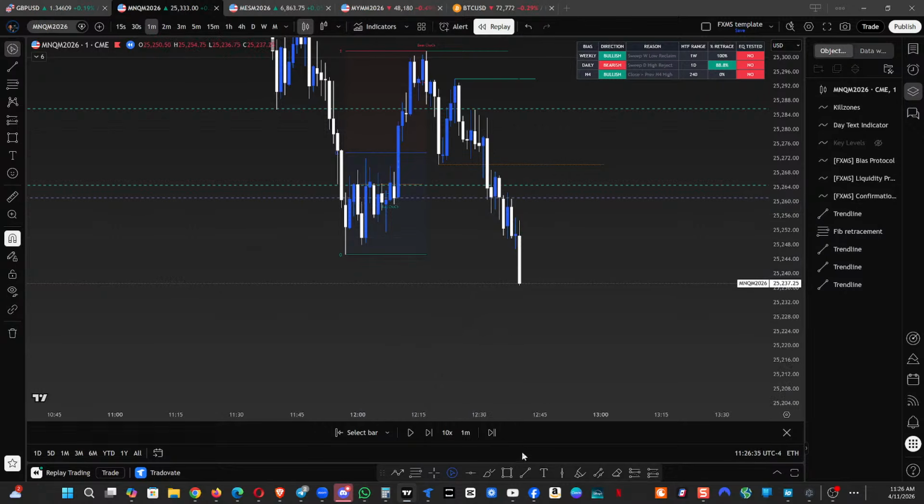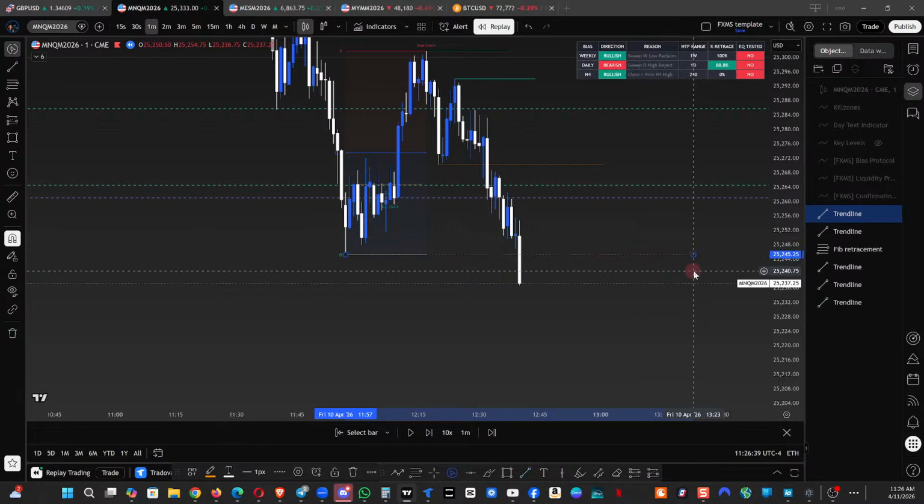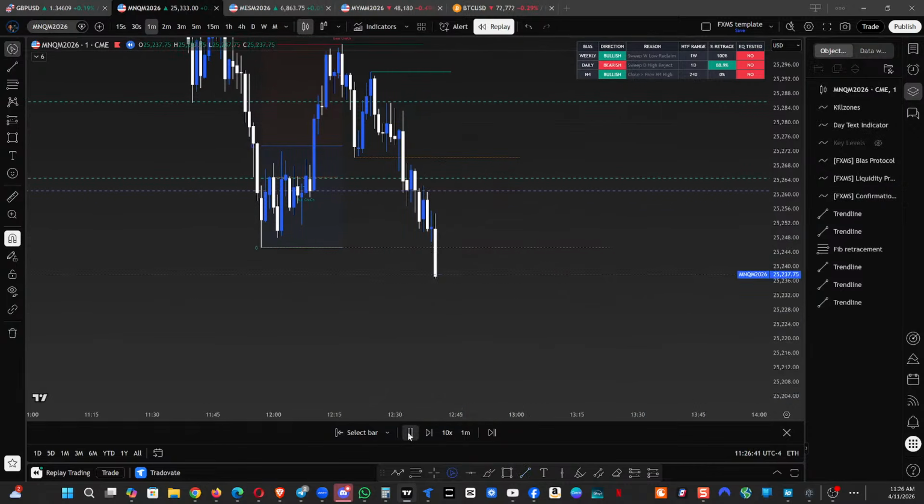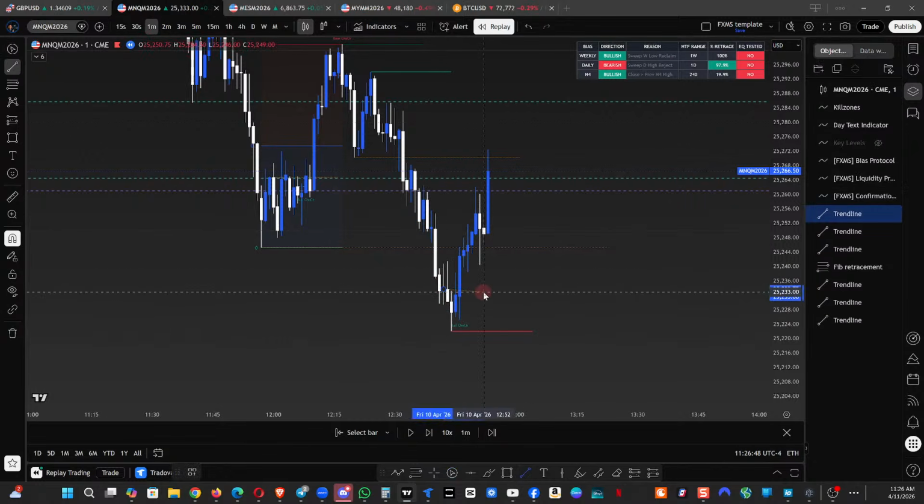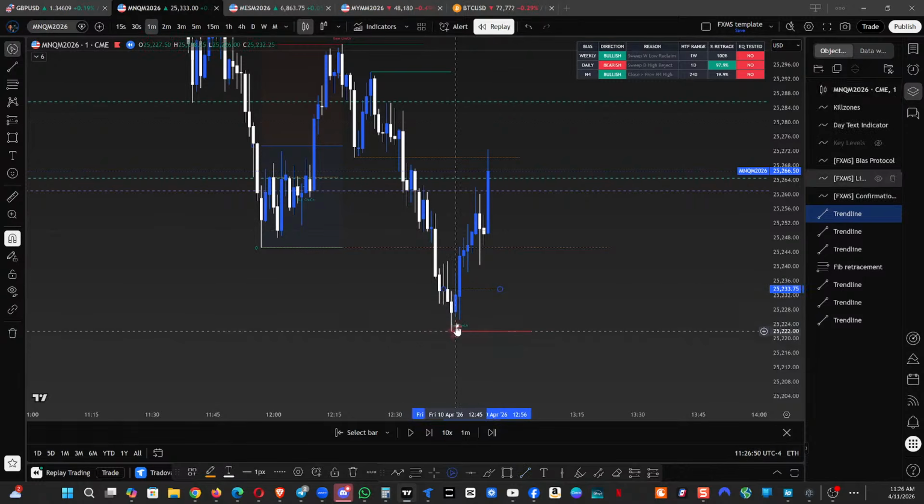All right, now let's see if it does it on this sweep. If we get a change of character on this one, okay, so there we go, right? Here's the change of character. Again, see how close that is, right? Very, very tiny change of character versus what we swept.